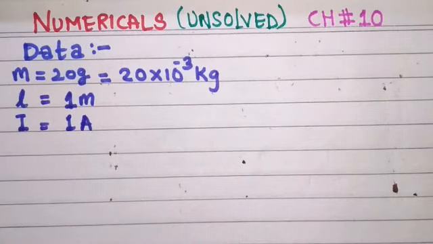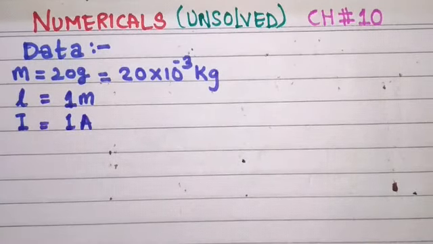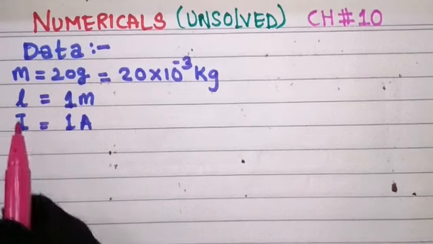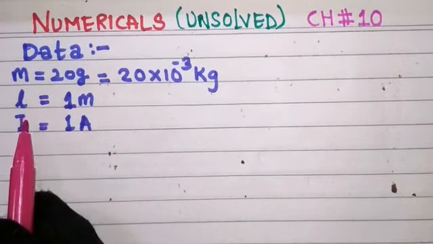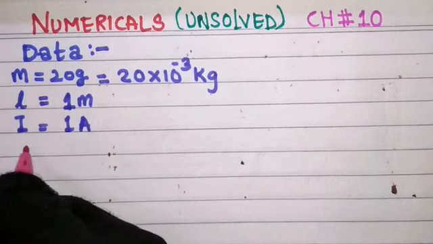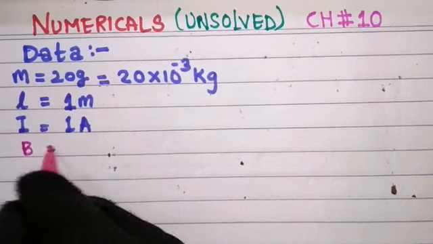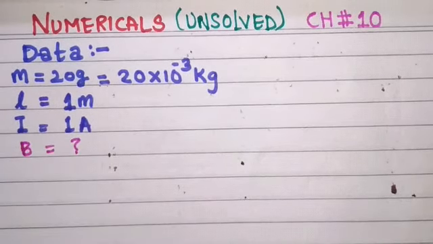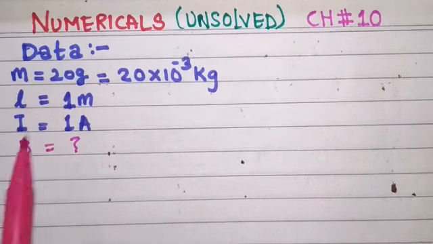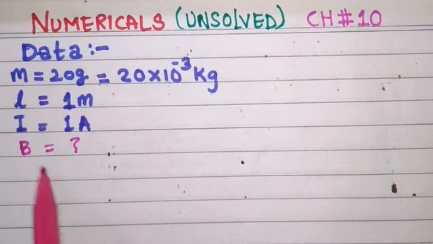Now the formula. As we have I and L with us, and B is to be determined, which formula are we going to use here? Is there any relationship between B, I, L, M?